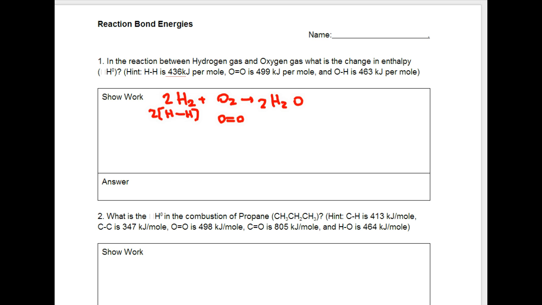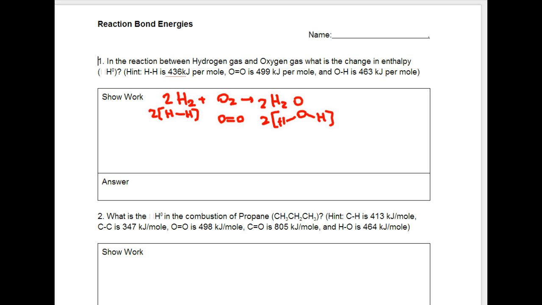And you would know that that's how oxygen looks based off the total number of valence electrons and then drawing a bond structure and trying to get all the atoms to have a filled octet. And there's only one molecule of oxygen. For H2O, it looks like that, and there are two of them.